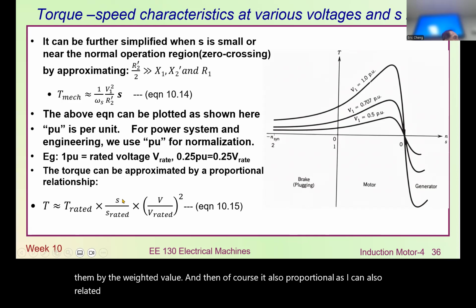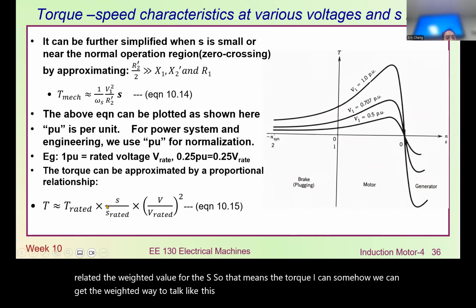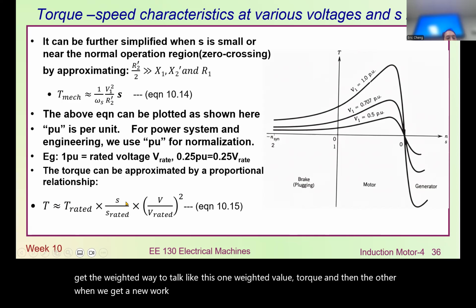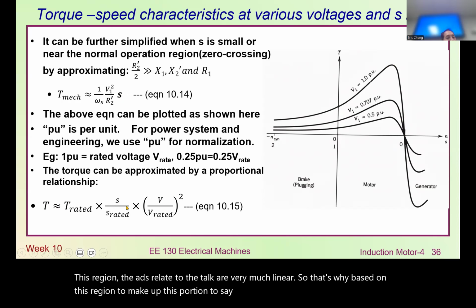So that means we can get the weighted value of torque like this one. And then when we get a new voltage or new slip, I can calculate roughly the torque output from the motor. You see in this region, the S related to the torque is really much linear. So based on this region, we make up this portion to say the torque is proportional to S, related to the weighted S value.